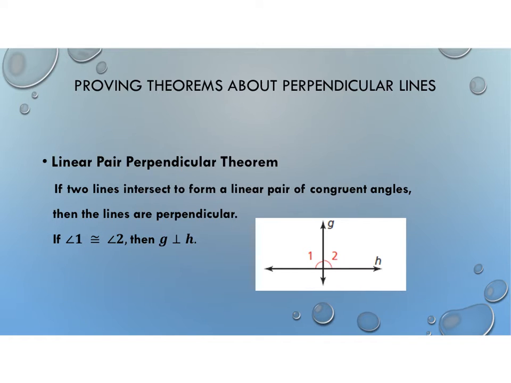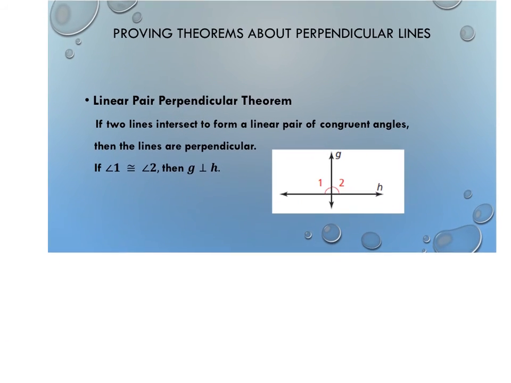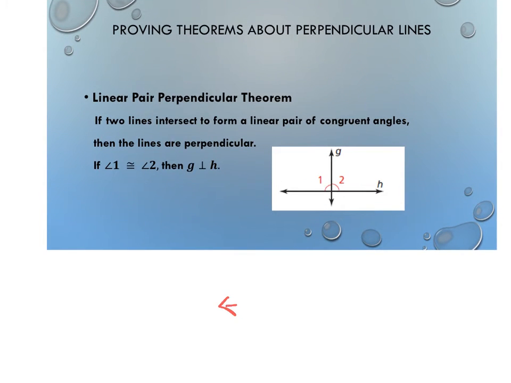So we've seen linear pairs. For example, you've got your straight angle or your straight line, and then it's split into 2, and these are not congruent, so this is how I can tell that this segment here, or this ray, is not perpendicular.